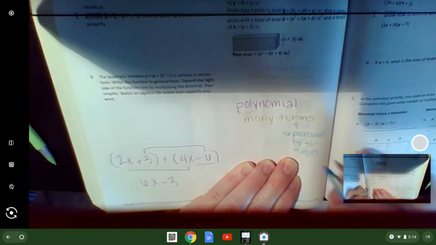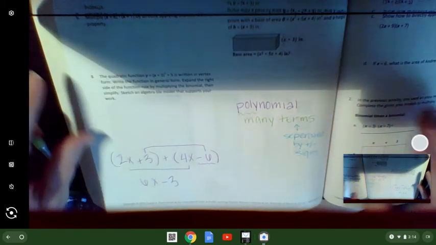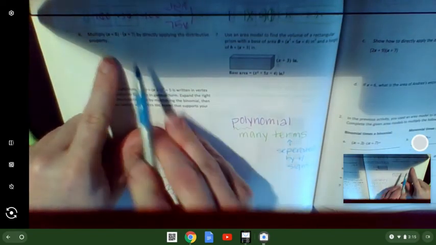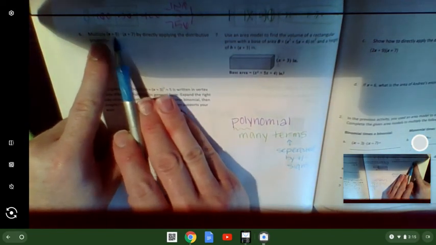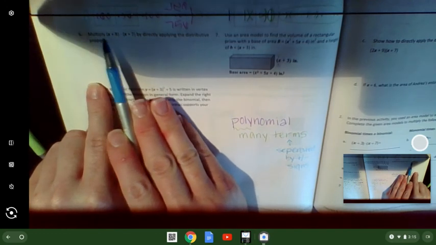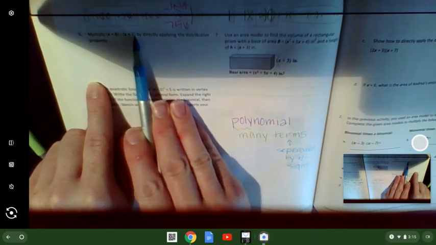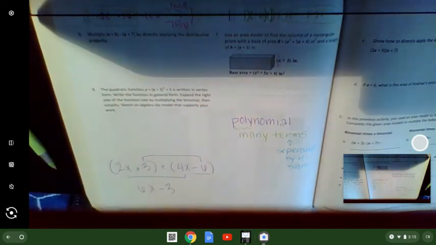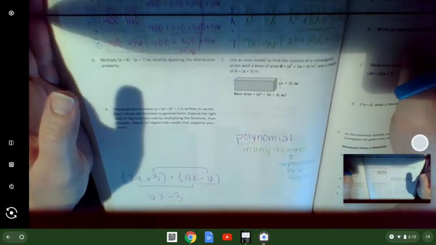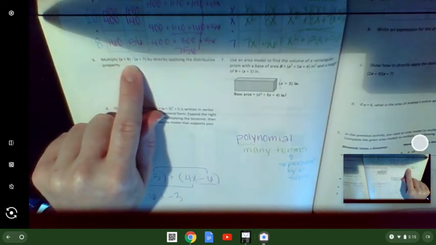So in math, anytime I have something like that x plus 8 or that x plus 7 that we just had in number 5, x plus 8 is 2 terms inside of this parenthesis because the x is separated from the 8 by a plus, and the x and the 7 is another set of 2 terms because they are separated by a plus sign. So I have polynomials that I am multiplying.